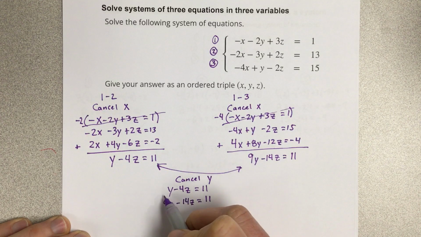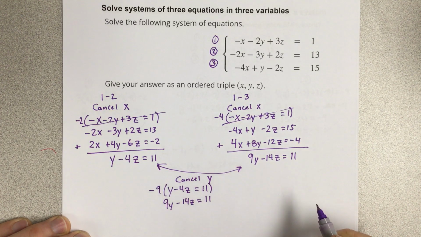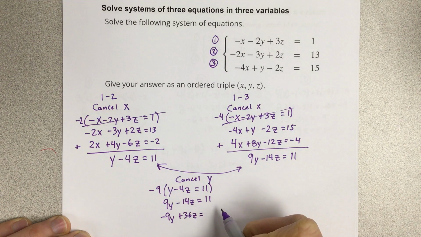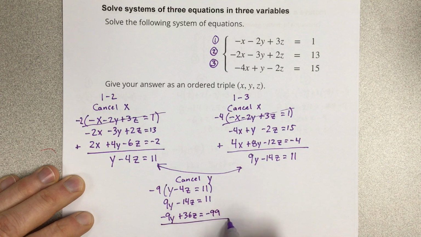I'm going to multiply the top equation by negative 9, and that'll be negative 9y plus 36z equals negative 99. And then I'm going to add these together.